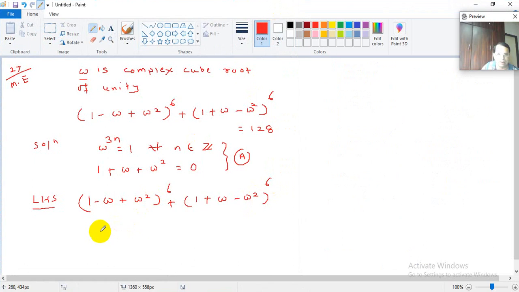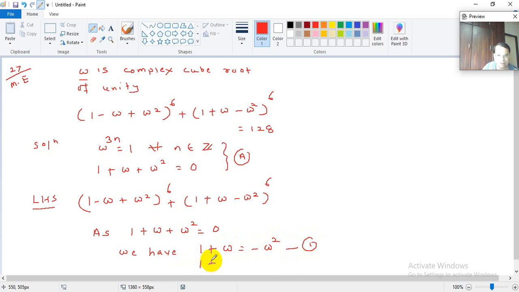Now, as 1 plus omega plus omega squared is 0, we have 1 plus omega is minus omega squared. This is say 1.